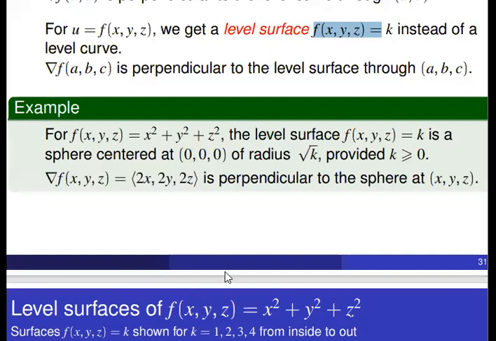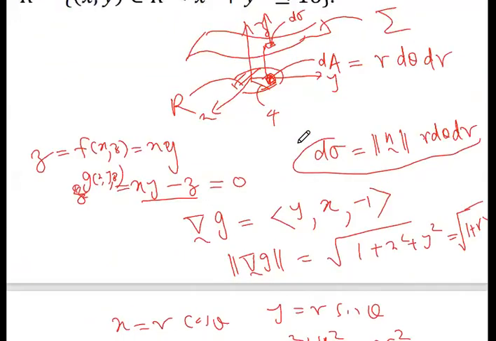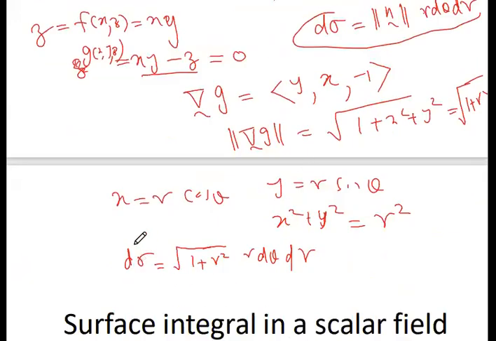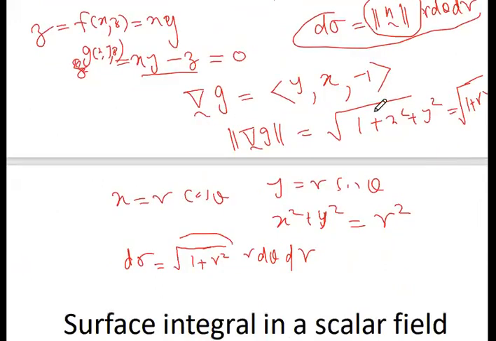So that is d sigma. This is the normal vector here, and the magnitude of the normal vector is the square root of 1 plus r squared.